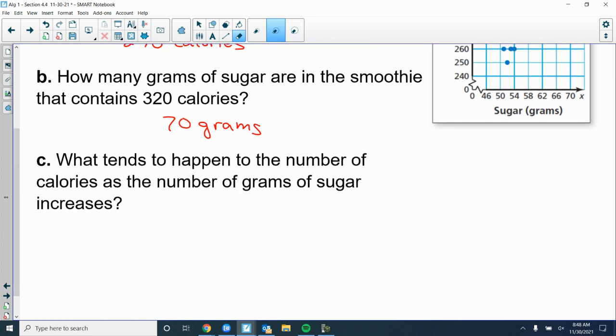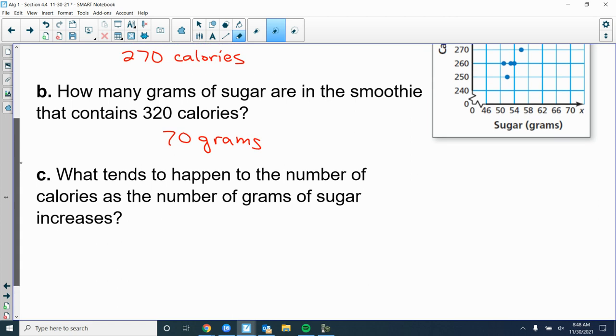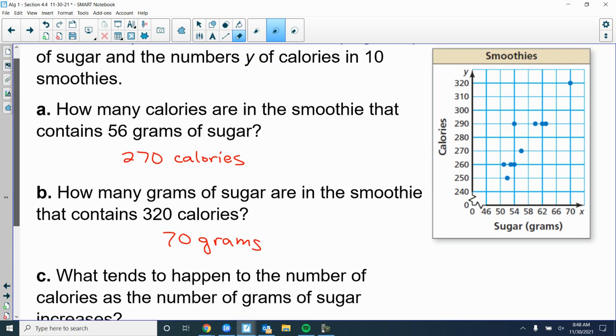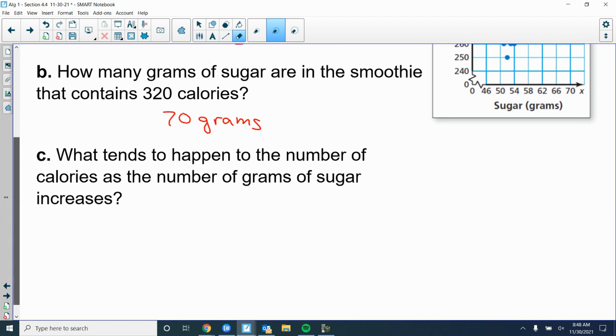What tends to happen to the number of calories as the number of grams of sugar increase? Well, does the number of calories go up, go down, or does it not seem to affect it at all? Okay, what would you say, Austin? Goes up. Yeah, it tends to go up. So I would say that. It tends to go up.